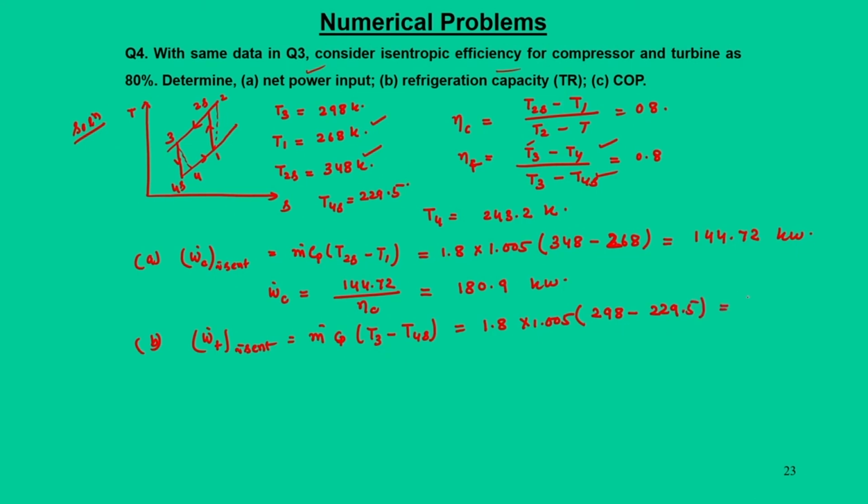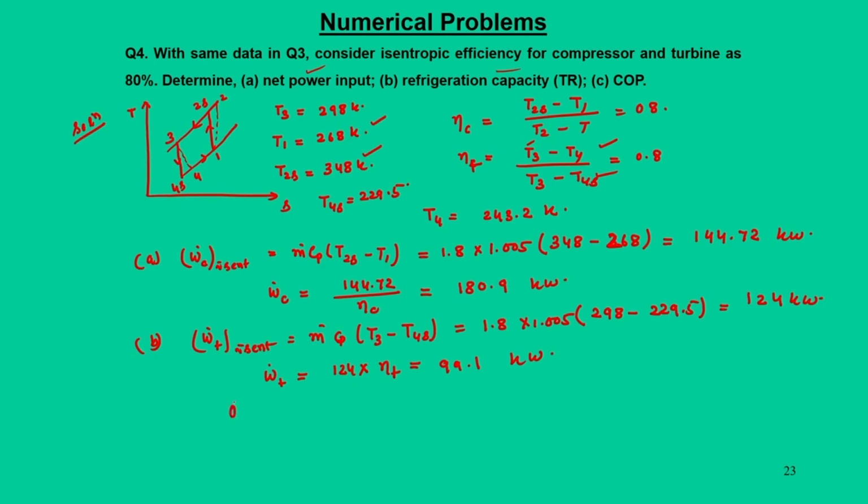So, this number is 124 kilowatt. So, actual work W dot T would be 124 multiplied by eta T. So, this is 99.1 kilowatt.